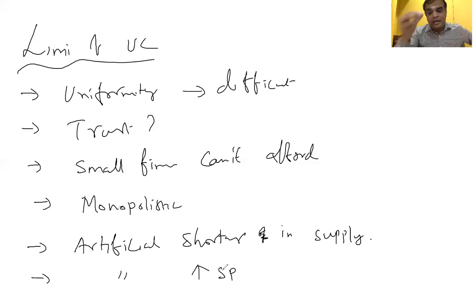The industry may dominate, and then they may fix their own selling price on a uniform basis. That gives what? An unhealthy environment with respect to society. Ultimately, the customer has to bear it. These are all the limitations also. So, with respect to uniform costing: what is uniform costing?